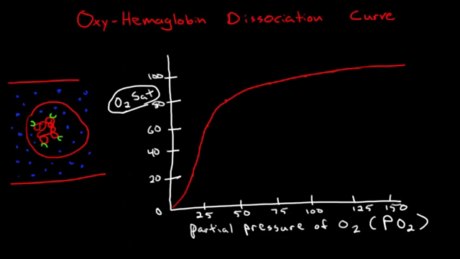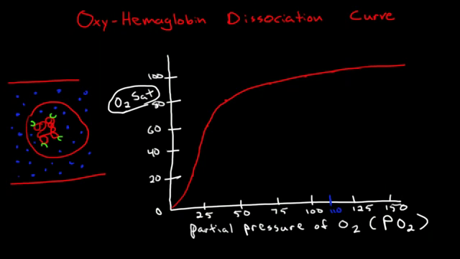Much of this oxygen is going to be carried, in fact the majority of it, on little protein receptors that are part of the hemoglobin protein. Now remember, in our previous video when we talked about the partial pressure of gases, we talked about the normal partial pressure of oxygen in our arterial bloodstream and our capillaries as being somewhere around 110.